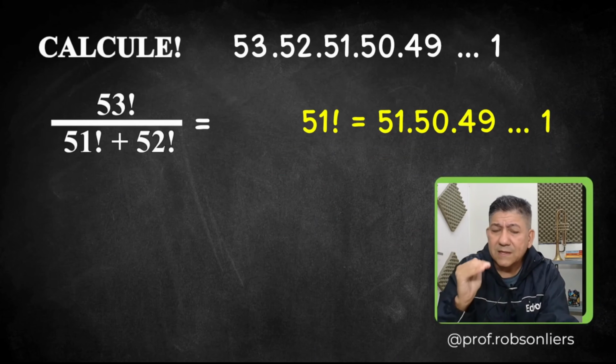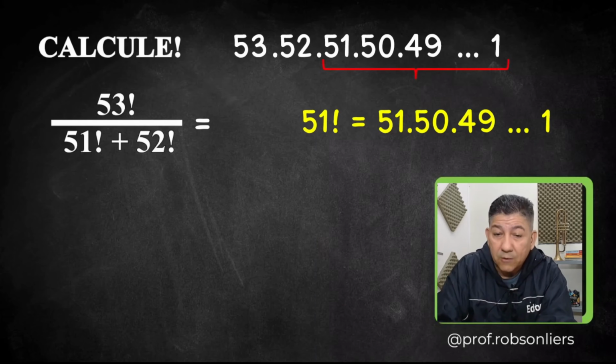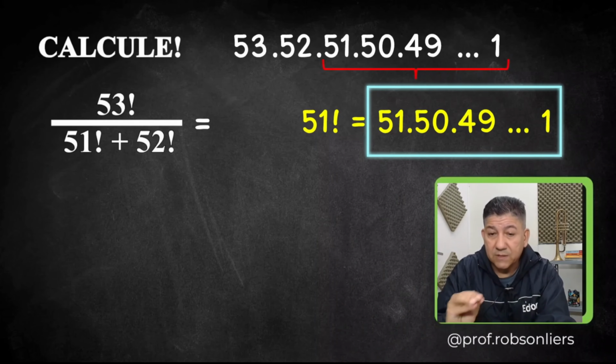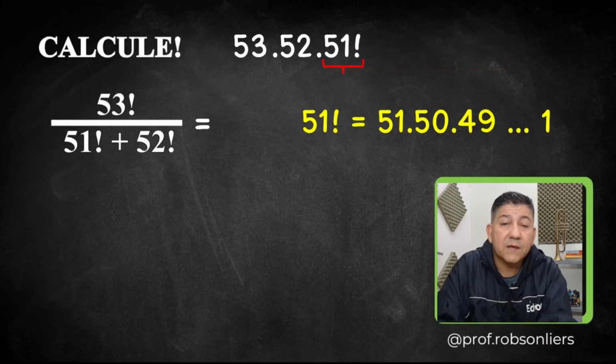Looking at 53 factorial, you see that I have 53 times 52 times 51 times 50 times 49, which is exactly 51 factorial. If we look down here, 51 factorial is 51 times 50 times 49, which is exactly that little part from the multiplication above. So, that part of the multiplication up there in 53 factorial we can write as 51 factorial.